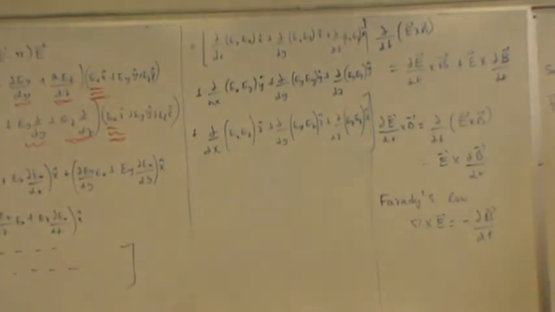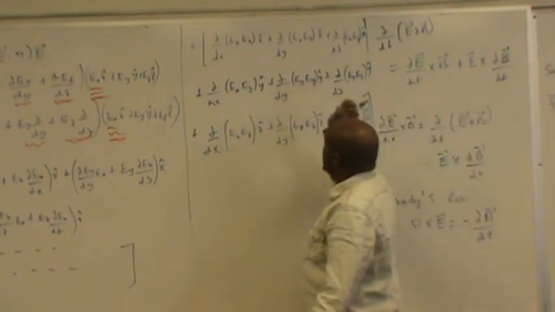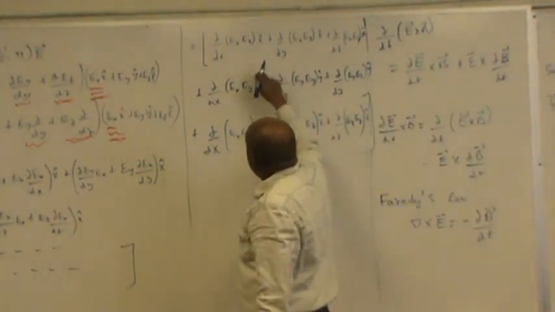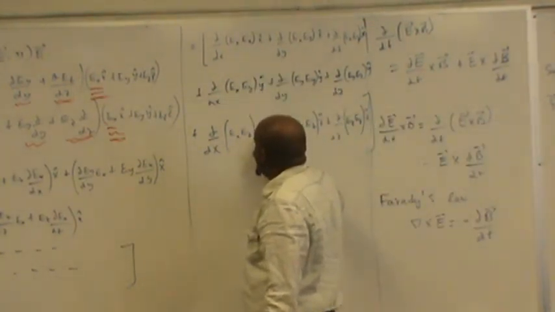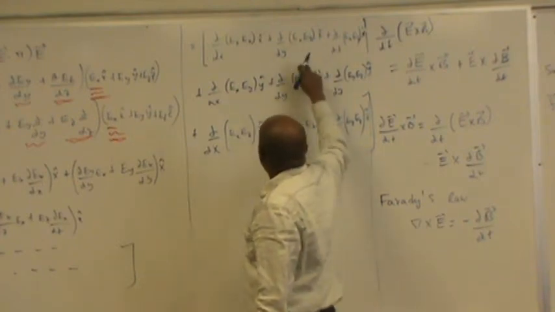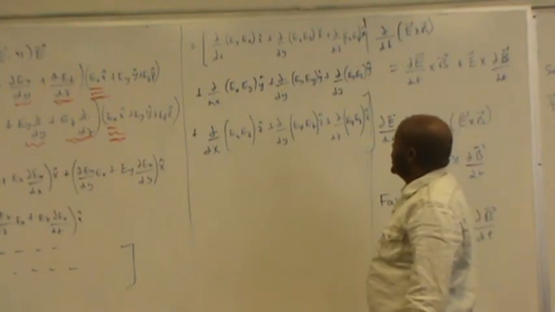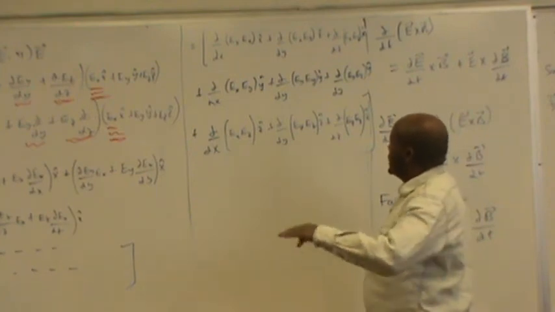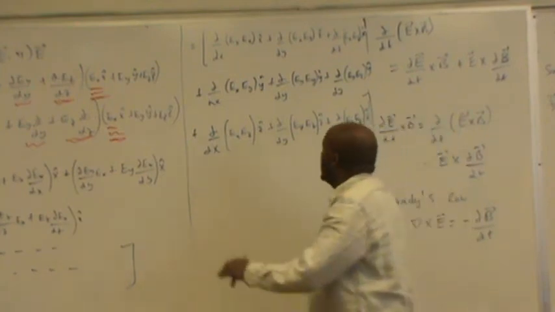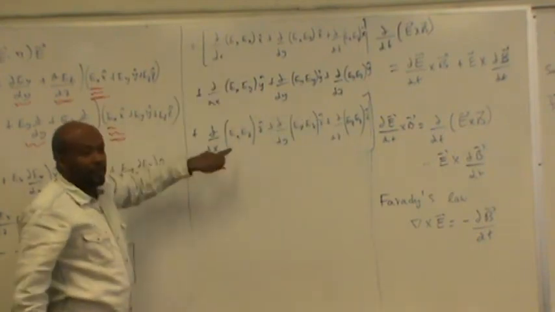All right, now let's consider this and this and this. In other words, just as a sum of vectors that has components x, y, z.